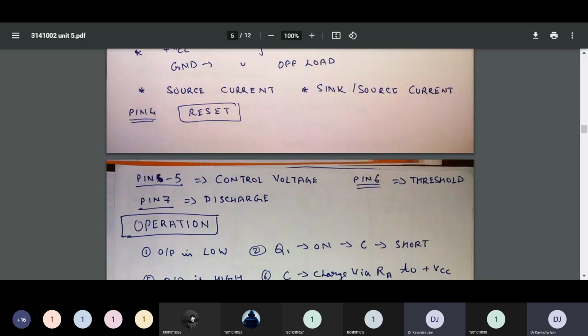When the voltage at this pin is greater than the threshold voltage, that is 2/3 VCC, the output of comparator 1 goes high, which in turn switches the output of the timer to low.